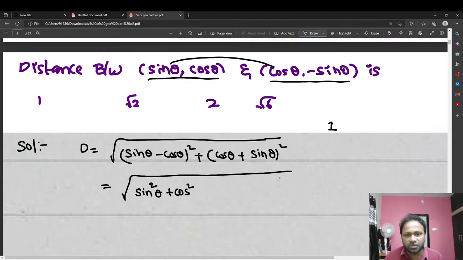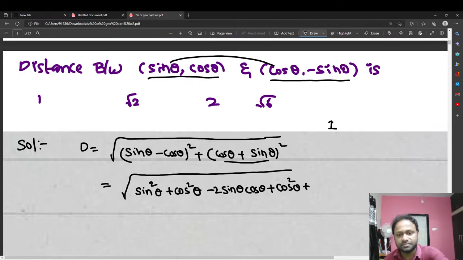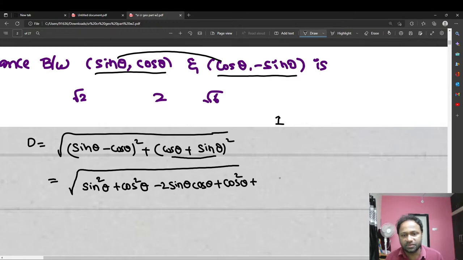Okay. So cos square theta minus 2 sine theta into cos theta plus, by expanding this also, what we get, cos square theta plus sine square theta plus 2 sine theta into cos theta.